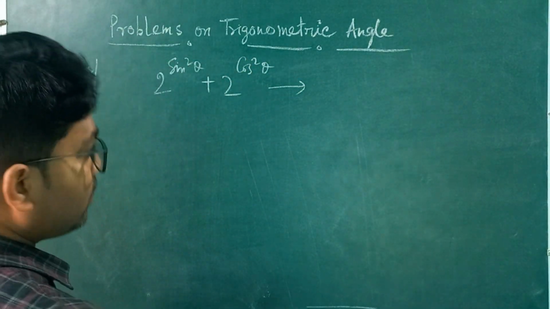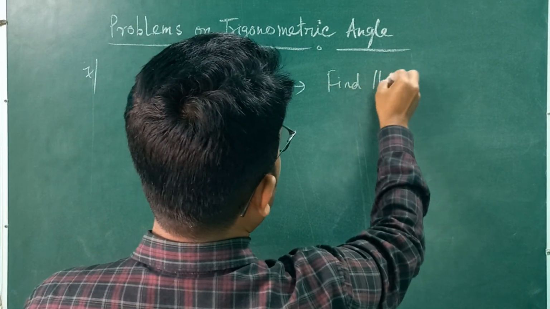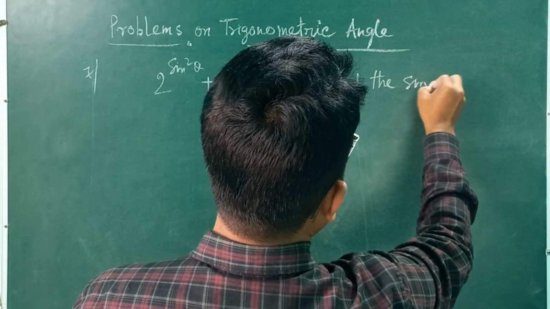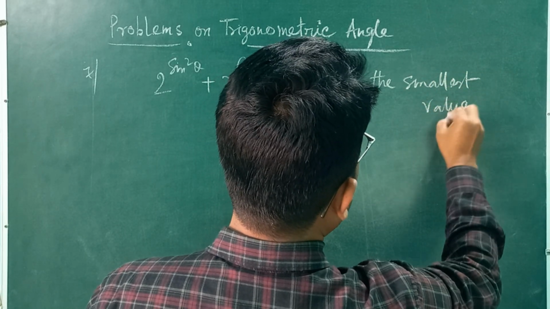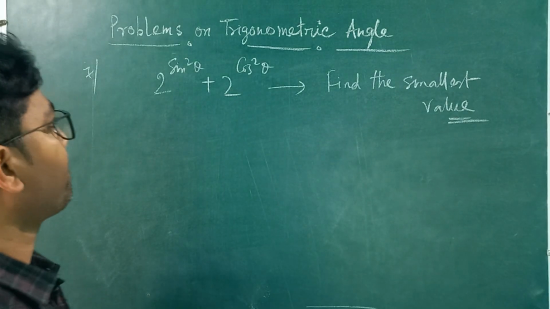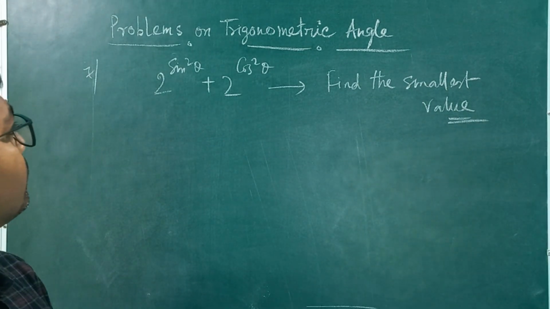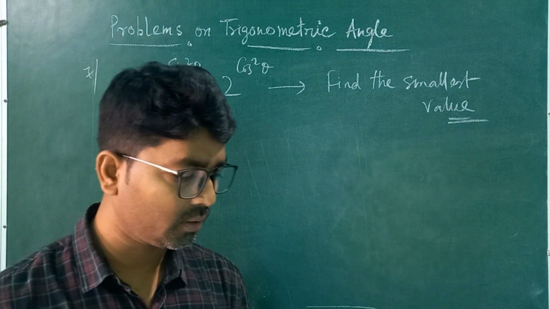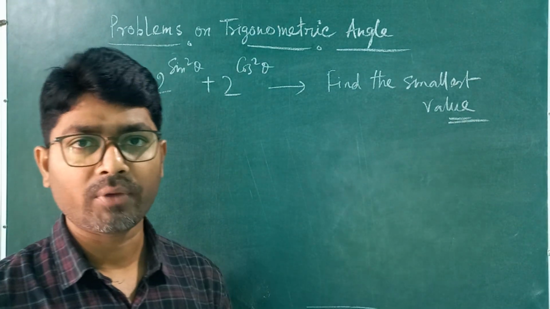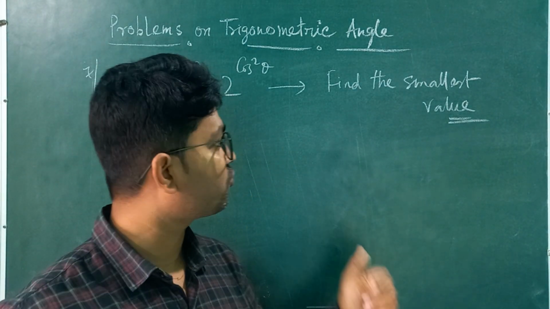Find the smallest value of this. How can we find the value? 2 to the power sine square theta plus 2 to the power cos square theta. There are so many ways, but here I will show you the shortest way.